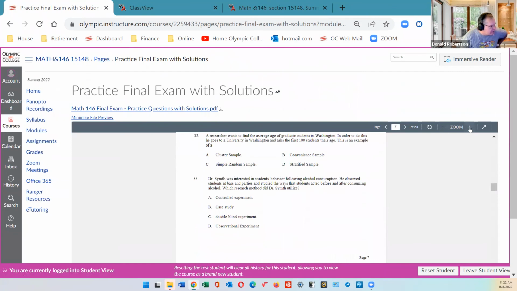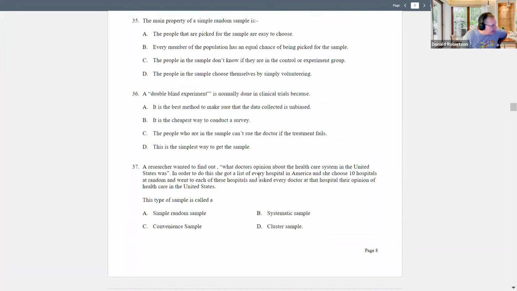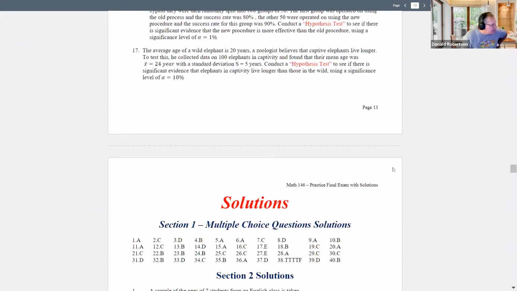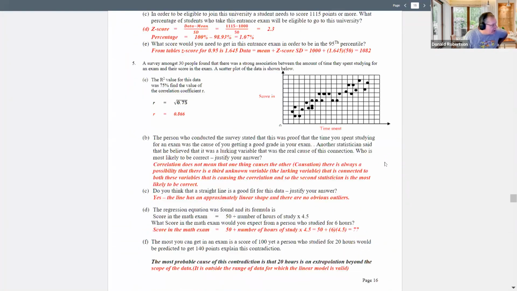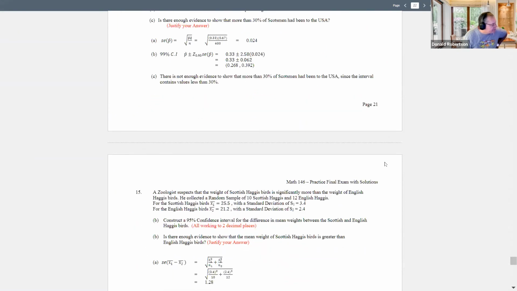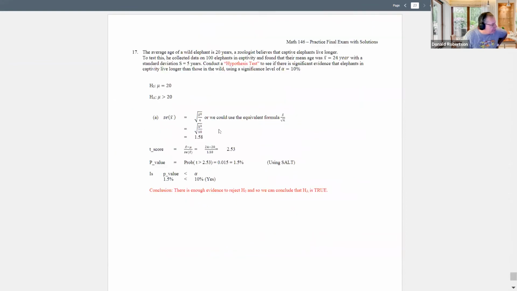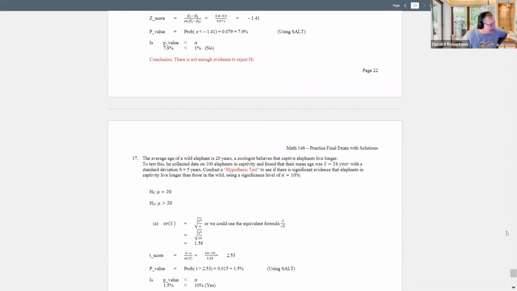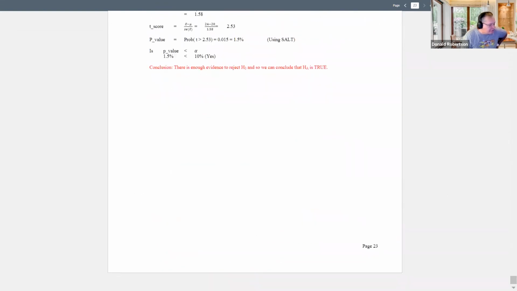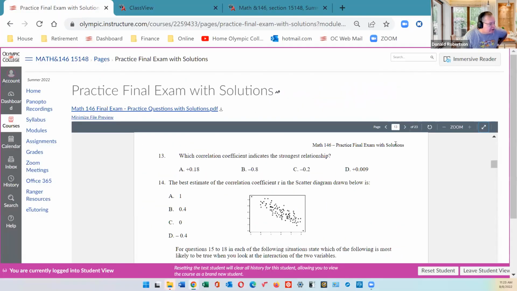So here are lots of questions covering kind of a smattering of all the things that we've done. Here are the calculations that you would do for some of those stories by hand, just to show you how horrible they are. I did not do the double ones. They're ridiculously ugly. And so that's a resource for you.